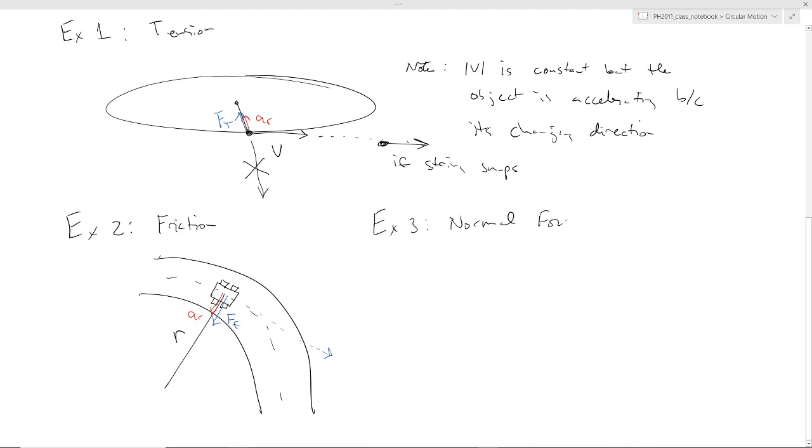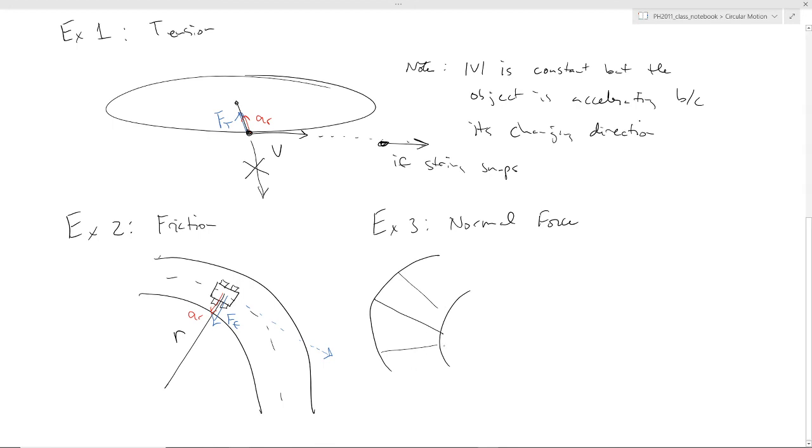And I'm sure you've encountered this on the freeway. So you'll notice, high speed turns are angled. They're not flat. And this is because this allows a component of the normal force to be pointed towards the center of the circle, and it provides that centripetal acceleration that allows you to turn the corner.